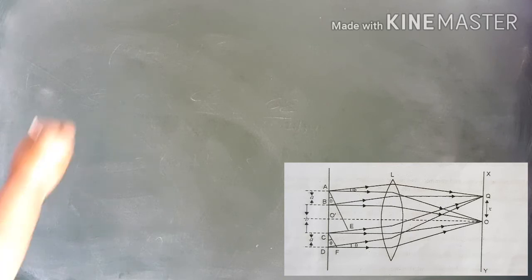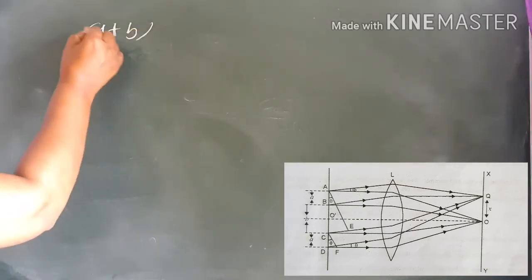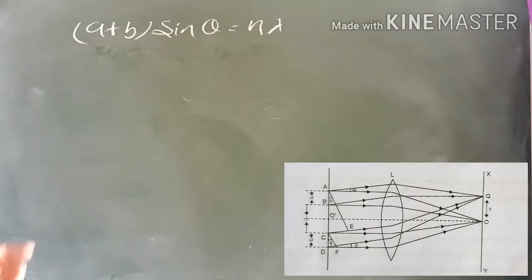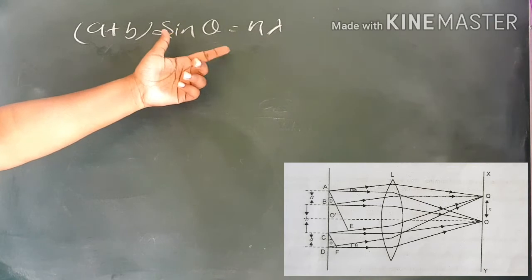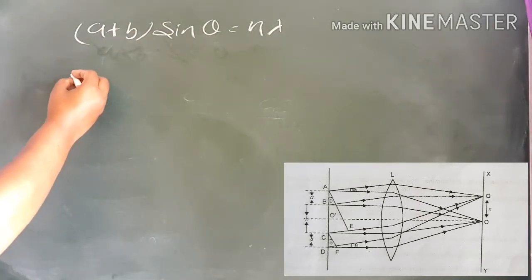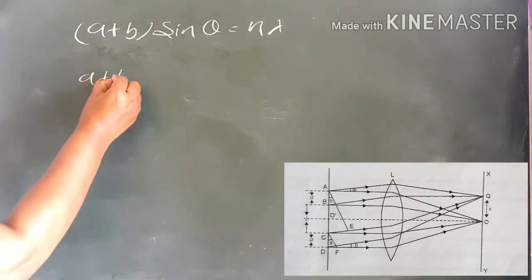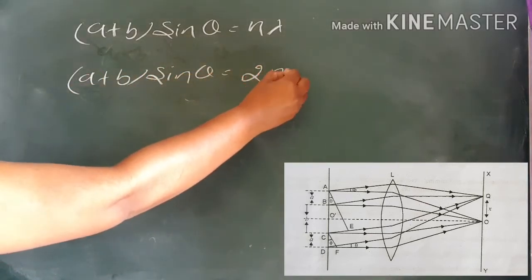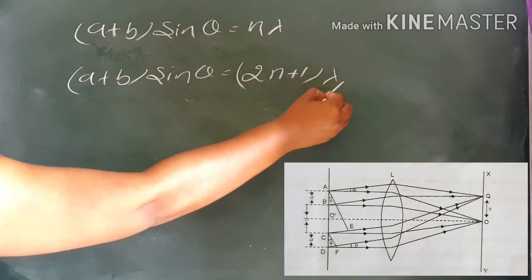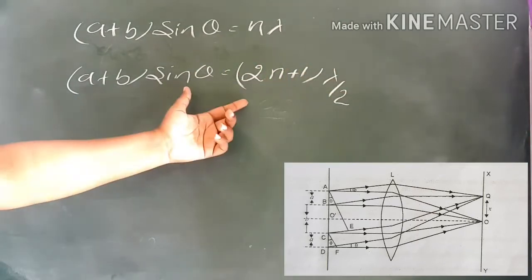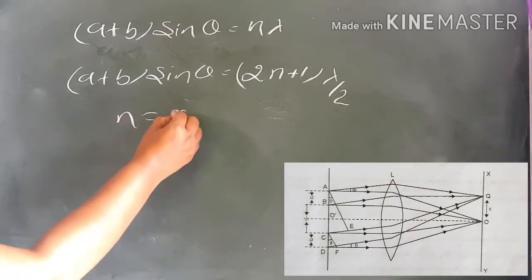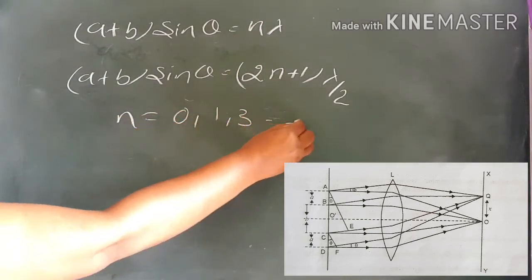So we have (a plus b) sin theta is equal to n lambda. This is the condition for a bright fringe or maximum. And (a plus b) sin theta is equal to (2n plus 1) lambda by 2. This is the condition for interference minima, where n is any integral value 0, 1, 2, 3 and so on.